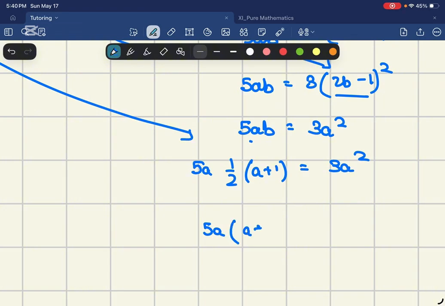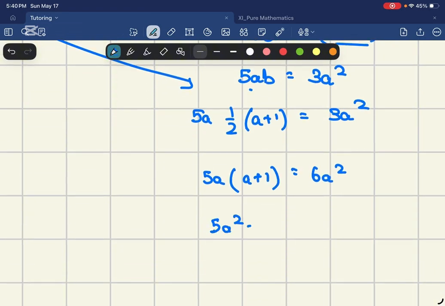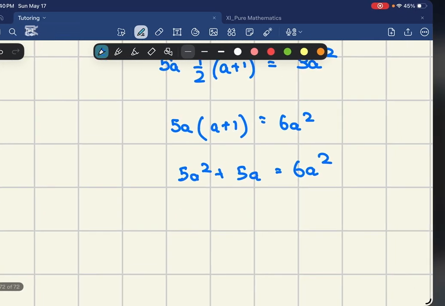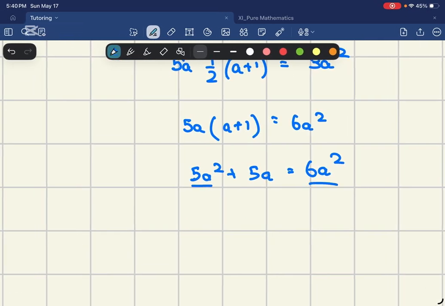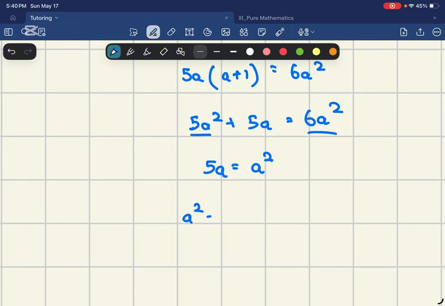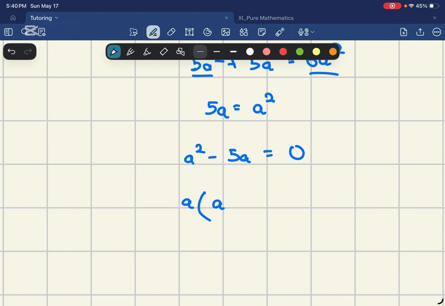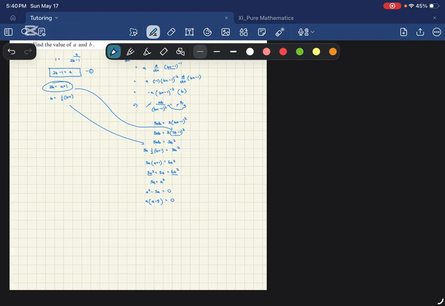I get 5a times (a plus 1) is 6a squared. And that is 5a squared plus 5a is 6a squared. And if you subtract 5a squared on both sides, you get 5a is equal to a squared. a squared minus 5a is going to be 0. So a times (a minus 5) is equal to 0.